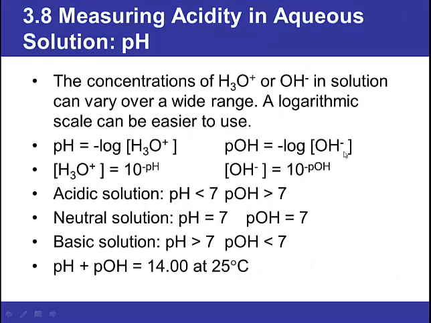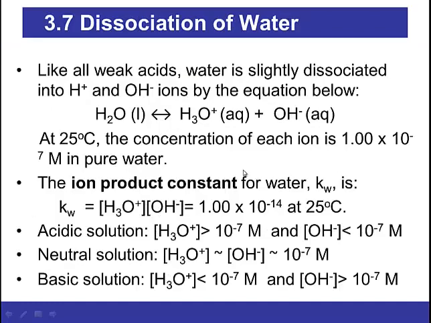Similarly, if we know the concentration of hydroxide ions, we can calculate the pOH, or if we know the pOH, we can calculate the concentration of our hydroxide ions. Again, we can use this equation on this slide here to go back and calculate the concentration of hydronium ions if we know the concentration of our hydroxide ions.